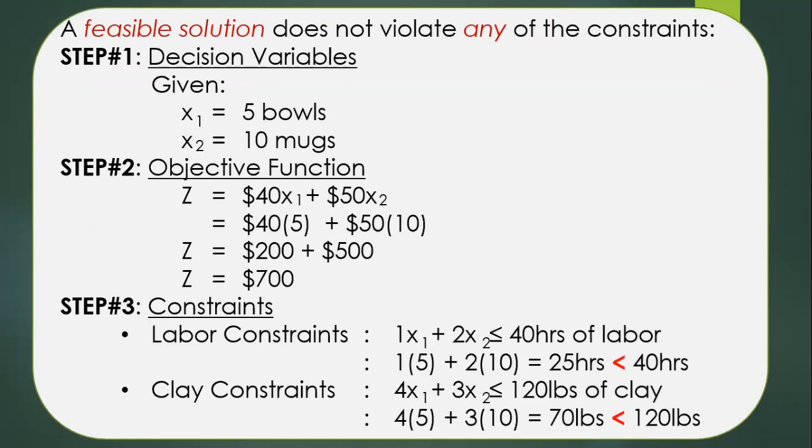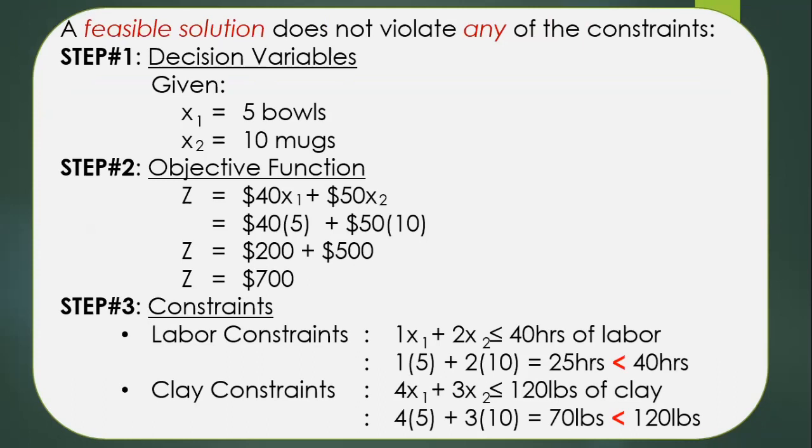Now, during our discussion on the terminologies that are commonly used in linear programming problems, one of the terminologies is a feasible solution, or feasibility. So when we say a feasible solution, it does not violate any of our constraints.